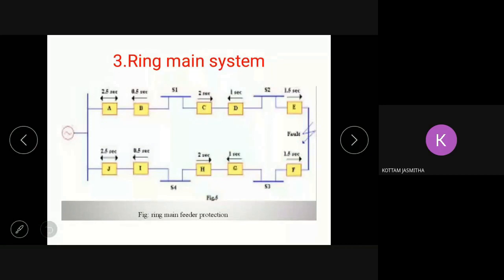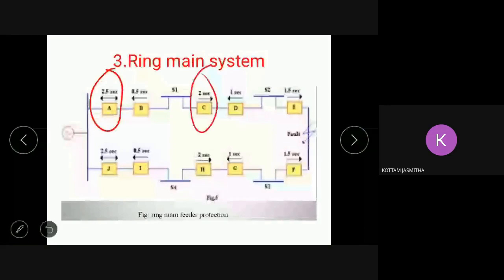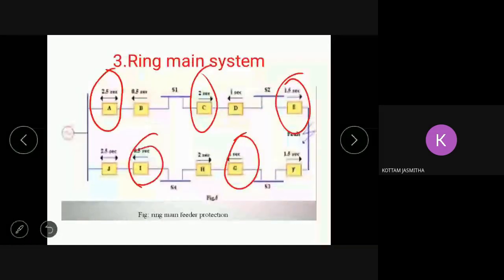And these directional and non-directional relays are definite time relays, and they are rated in such a way that in the clockwise direction it is 2.5, 2, 1.5, 1, and 0.5 seconds.